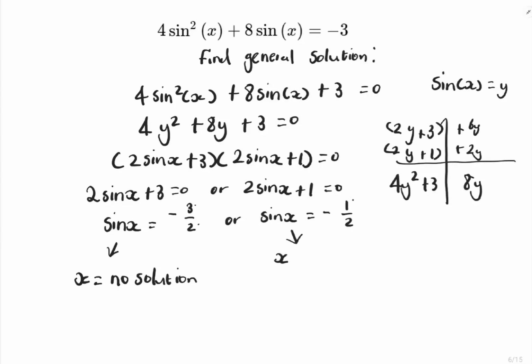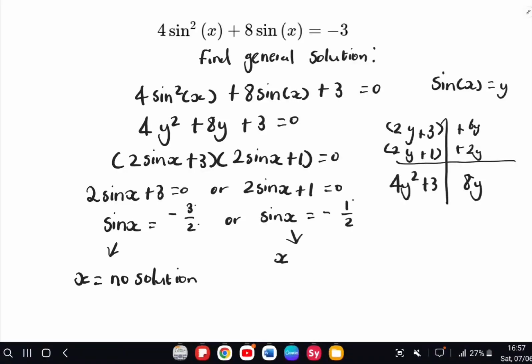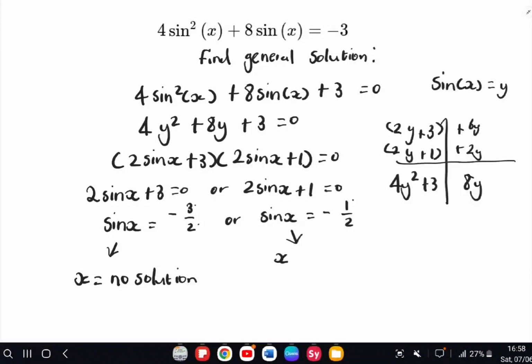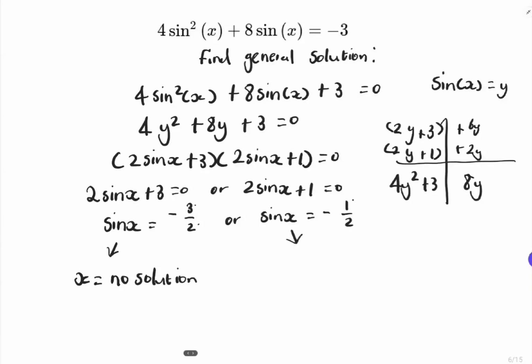Cool. So you punch that in your calculator, shift sine. Okay, let me pull out my digital calculator. Shift sine. Remember, we get the reference angle first. So it's going to be 30. Let me say the reference angle is equal to 30 degrees.